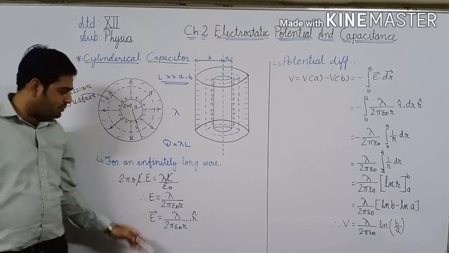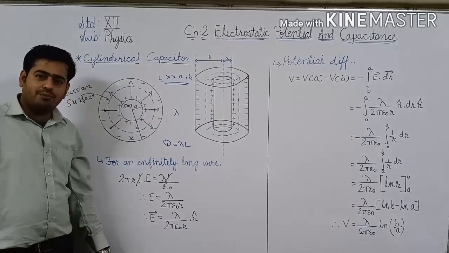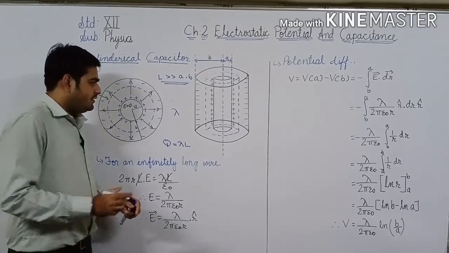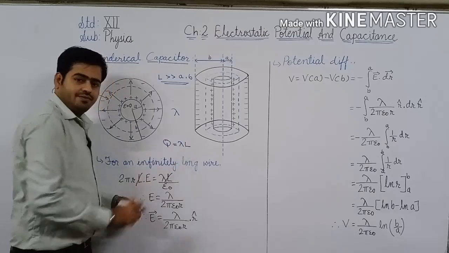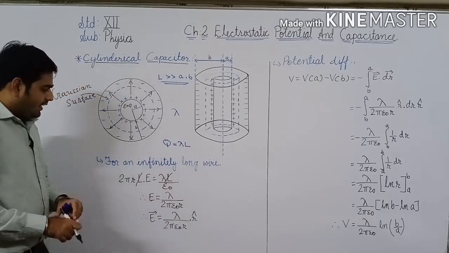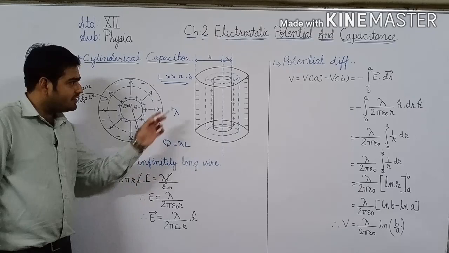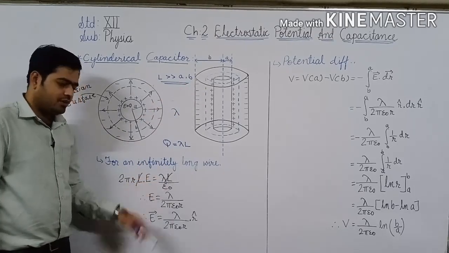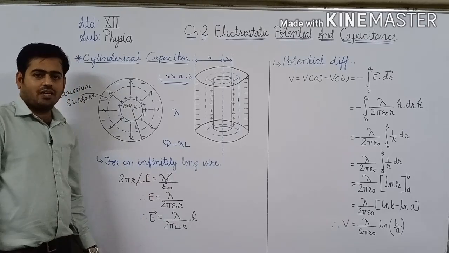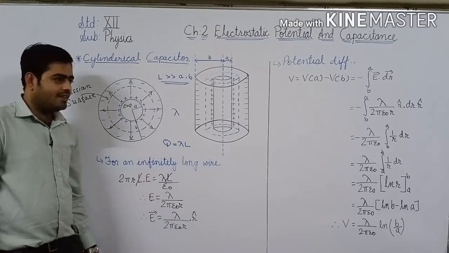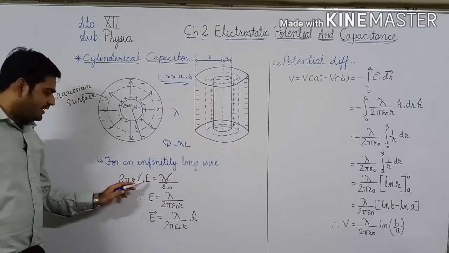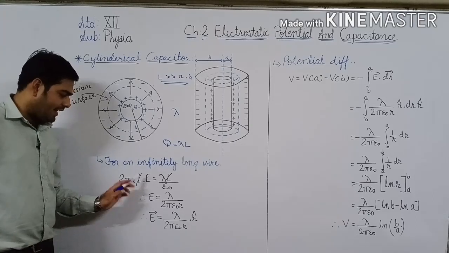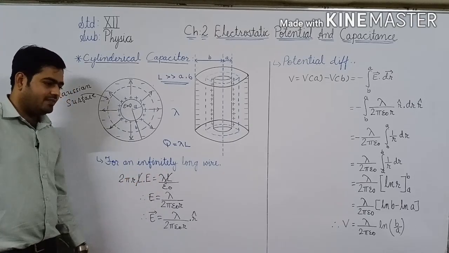Electric flux phi is equal to charge enclosed upon epsilon naught. Therefore charge enclosed is equal to lambda L, and electric flux associated with this Gaussian surface is charge enclosed upon epsilon naught, that is lambda L upon epsilon naught. But we know the formula of electric flux, that is electric field into area. Electric field, that is E into area of the cylinder, that is 2 pi R L. L will get cancelled.